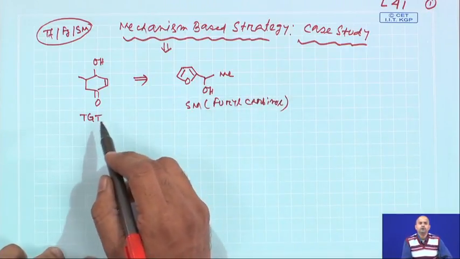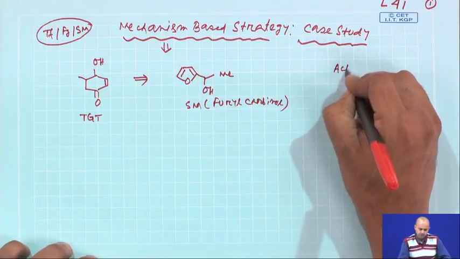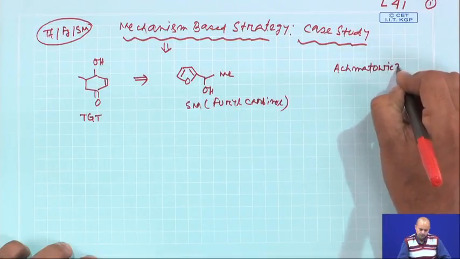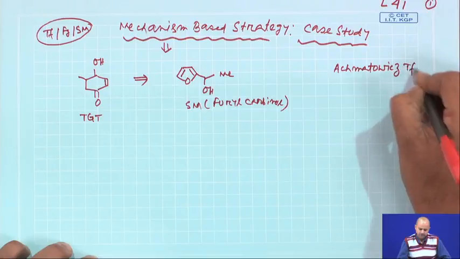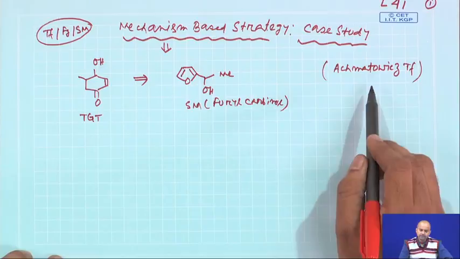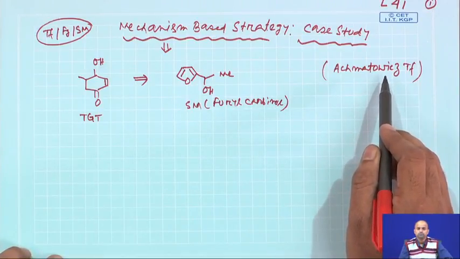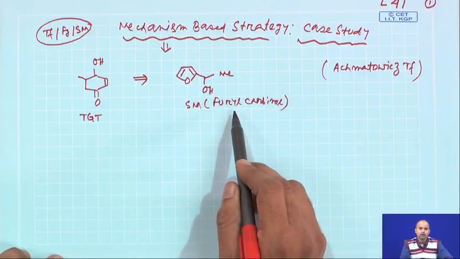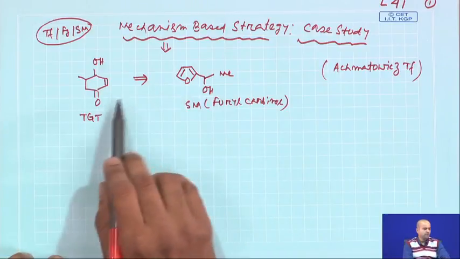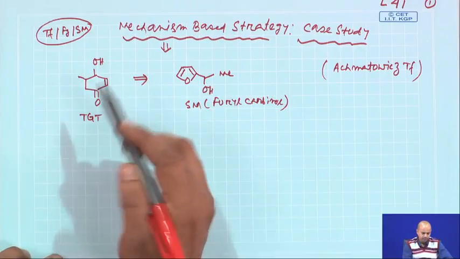Now, if you remember, in our transformation based approach we talked about a reaction called the Achmatowicz transformation. It is basically a name reaction. If you have this prior information, the Achmatowicz transformation uses a furyl carbinol as a starting material and gives you an oxidative rearrangement to a 6-member ring product.